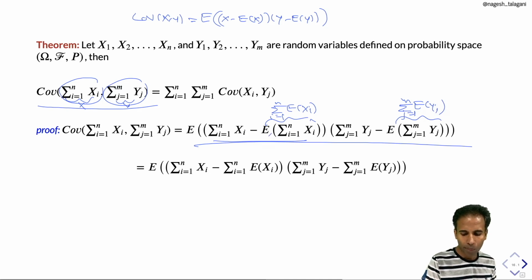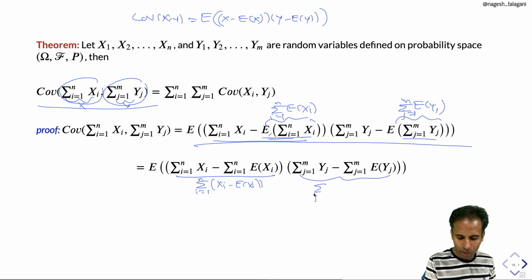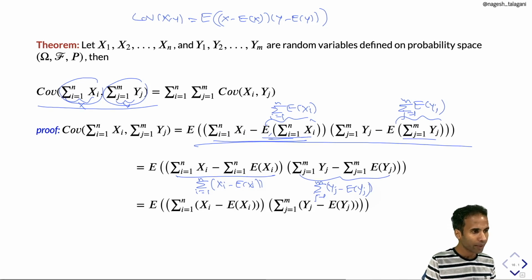After applying the linear property here, again this part we can write as summation i equal to 1 to n xi minus expectation of xi, and this summation I can write as summation j equal to 1 to m yj minus expectation of yj. Okay, so that's the next thing we are writing.